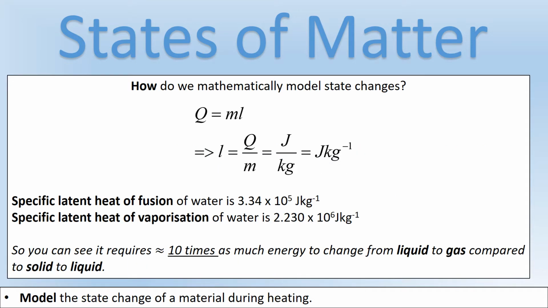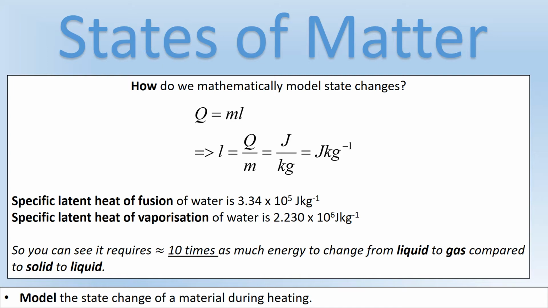So just to look at it in terms of its units, just like we did before, if we make L the subject, we can see it has the unit of joules per kilogram. So there's no degrees or anything involved in this. It's just energy per kilogram. And some examples. So for water, specific latent heat of fusion is 3.34 times 10 to the 5, whereas the specific latent heat of vaporization is 2.23 times 10 to the 6.